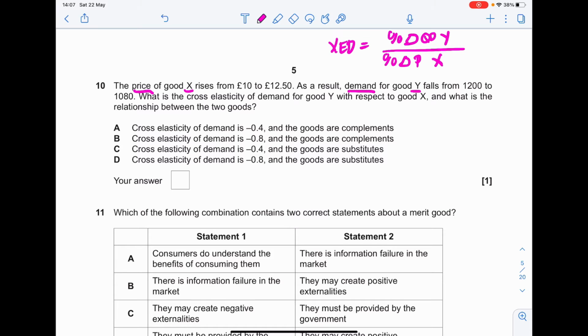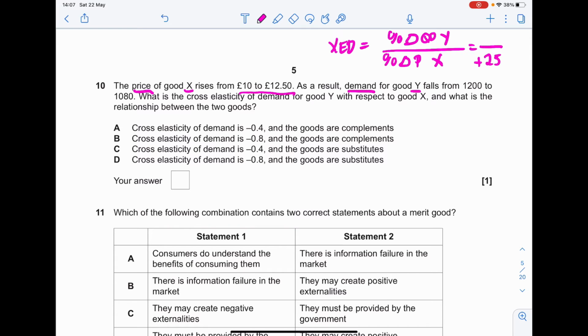So if we do this one first, from £10 to £12.50, that's a £2.50 increase. £2.50 increase from £10 is 25%. So we're going to get 25% on the bottom. Because the price has gone up, that's going to be positive on the bottom.